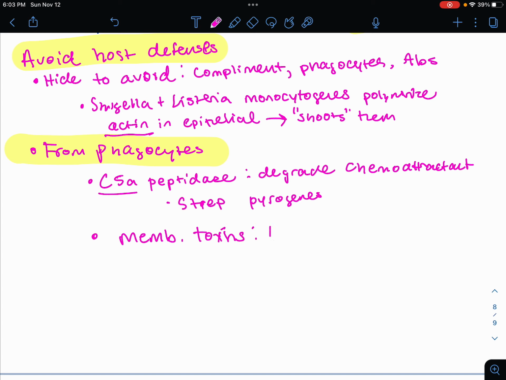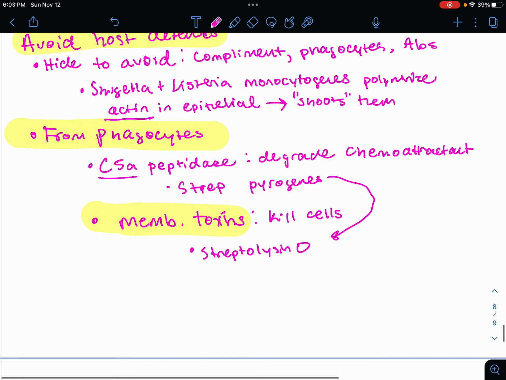These are going to just kill cells. Straight up kill them. And then the strep pyogenes will make something called streptolysin O. So they both have a peptidase for chemoattractants, and then they also have membrane toxins like streptolysin O, Streptococcus pyogenes.